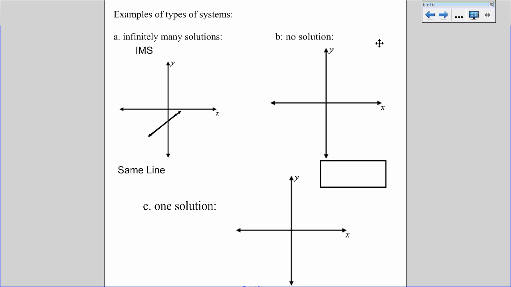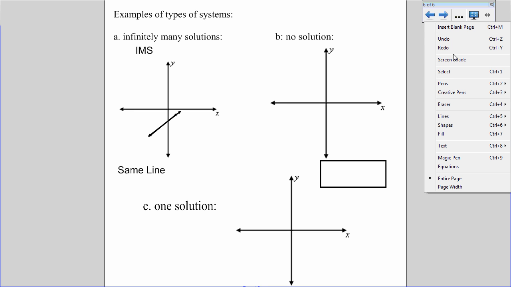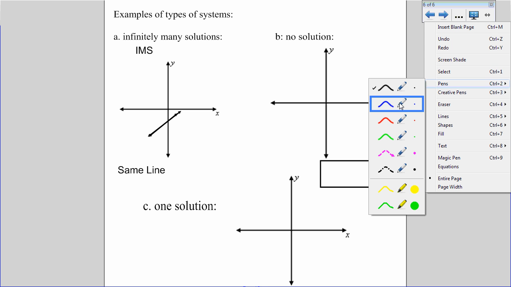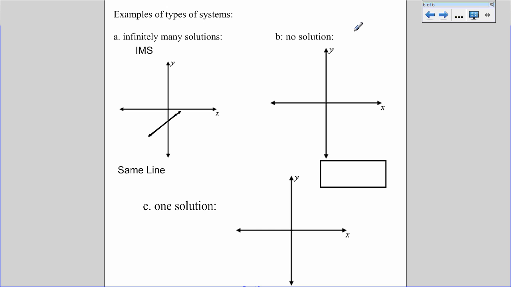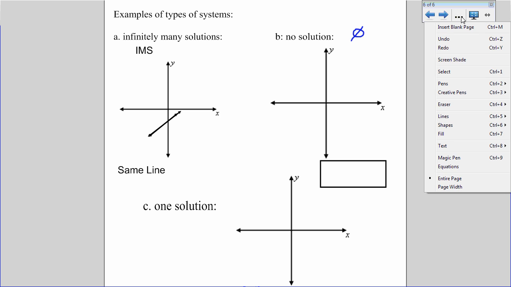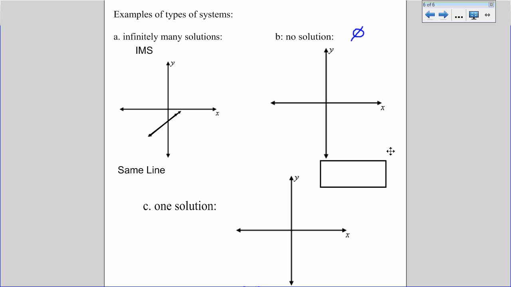No solution, I'll see if I can draw this by freehand. We do the null set, so our circle with a line through it. So we've used that for our no solution. But no solution is when we have parallel lines, meaning that they have the same slope but different y-intercept.